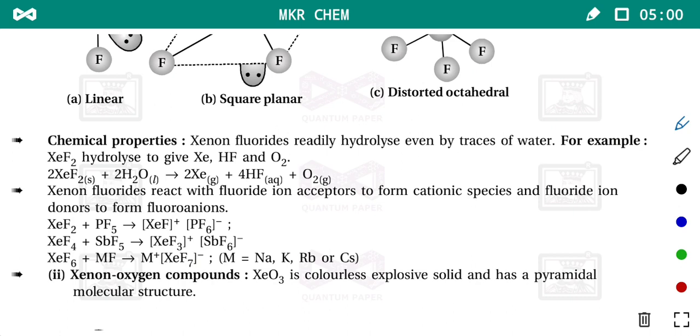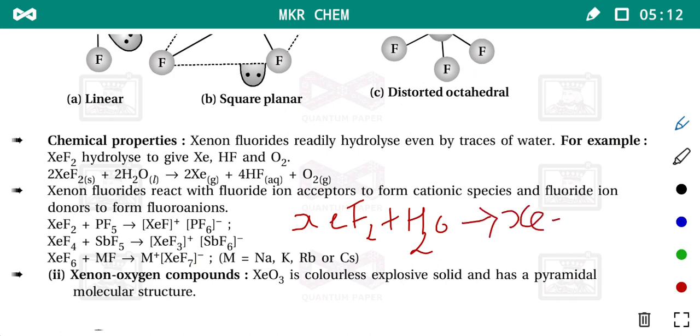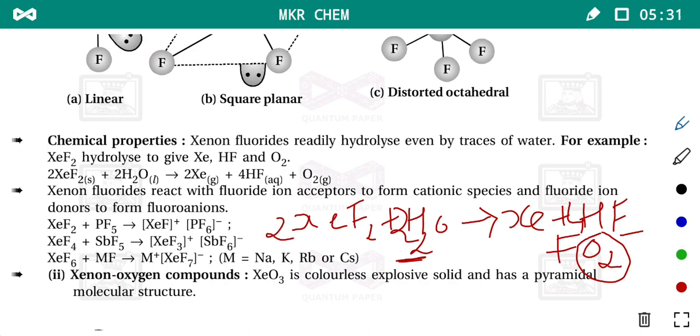See downside: XeF2 when hydrolyzed with water gives Xe, and hydrogen and fluorine combine to give HF, and oxygen gives O2. As oxygen is a diatomic gas, write 2H2O. So here 4 hydrogens, so write 4HF. And here 4 fluorines, so 2 XeF2 are required. Very simple for balancing also.